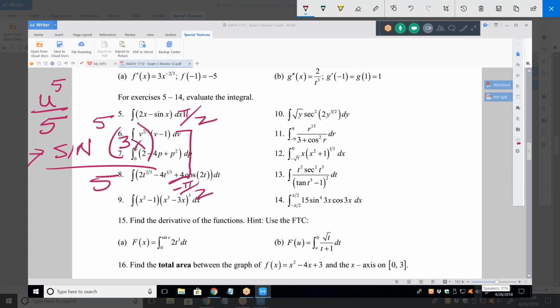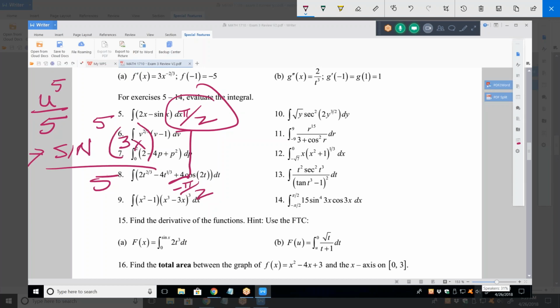So first evaluate it up there. What's the sine of pi over 2? It's 1.